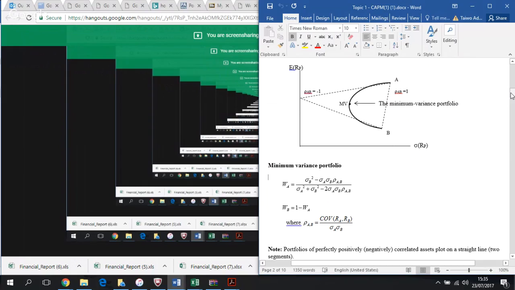So if you look at this, it's the variance of B minus covariance of RA and RB, because the standard deviation A times standard deviation B multiplied by this is actually giving us covariance. So it's the variance of B minus the covariance of RA and RB, divided by the variance of A plus the variance of B minus 2 multiplied by the covariance of RA, RB.